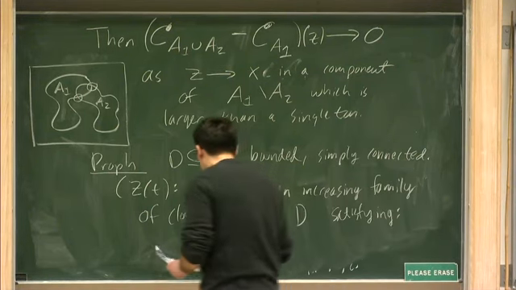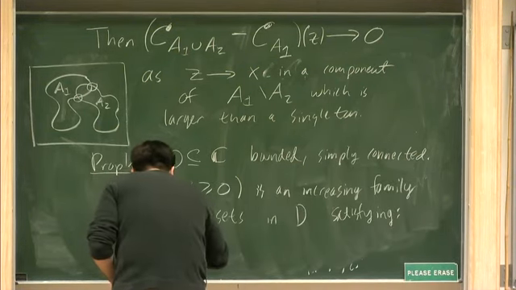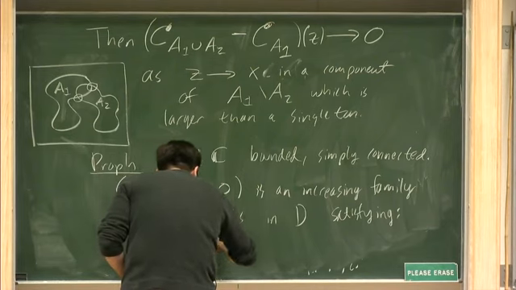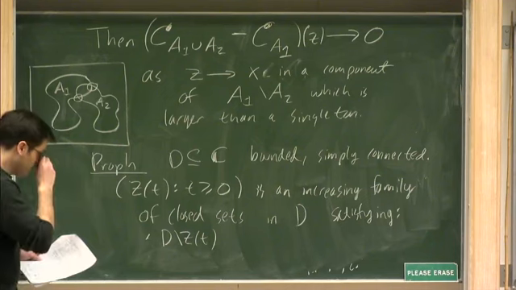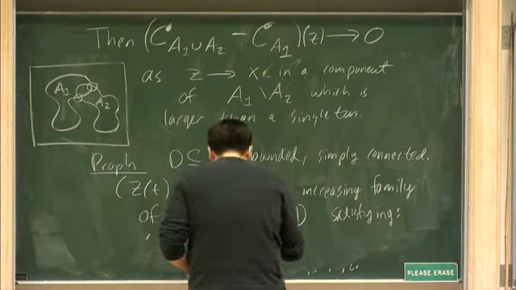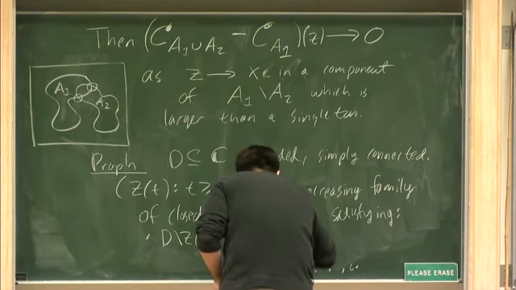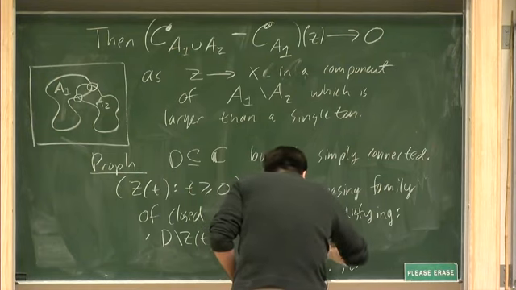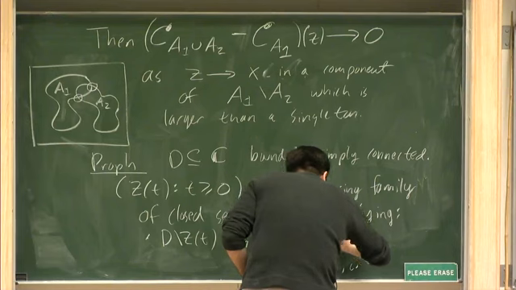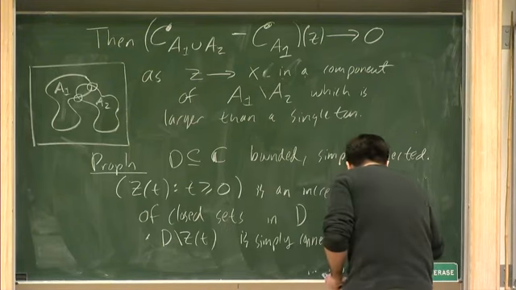So number one, I'm going to assume that the complement of Z sub t is simply connected for all t.